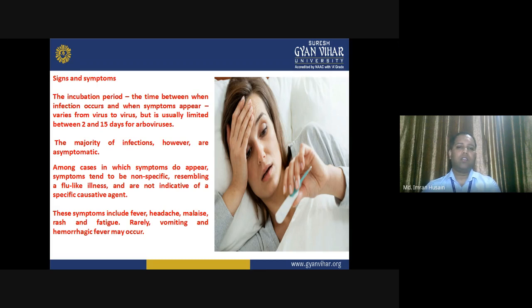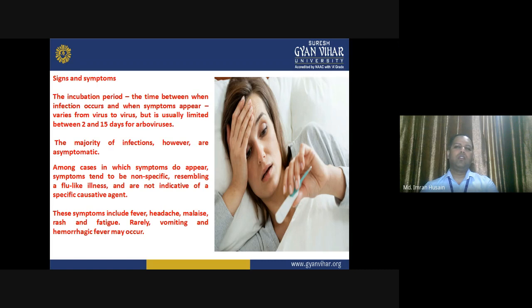Among the cases in which symptoms do appear, symptoms tend to be non-specific, resembling a flu-like illness, and are not indicative of a specific causative agent. Whenever we study viral diseases, we see that they all have flu-like symptoms.